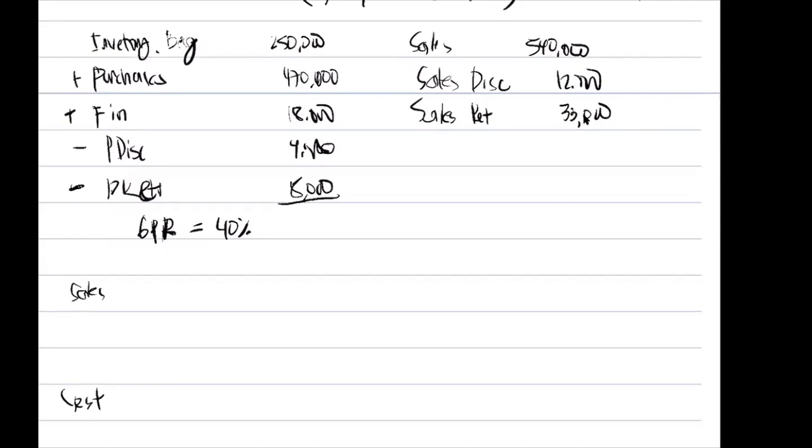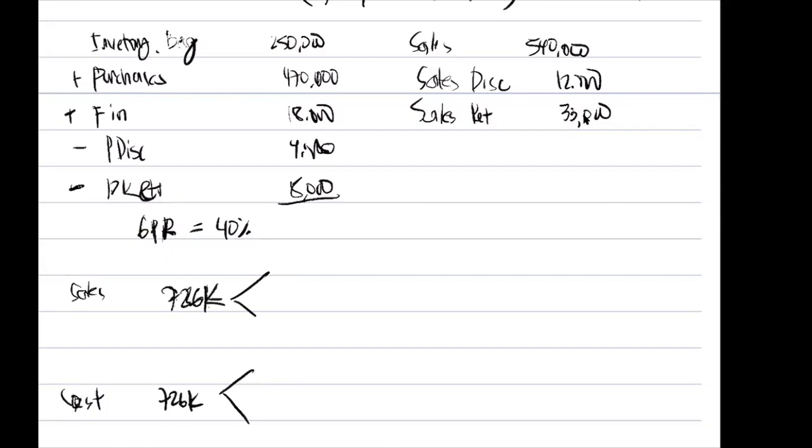So 250 plus 470 plus 18 less 4 less 8 will give us 726,000. So 726,000 ang ating total amount of our cost of goods available for sale, based on cost and based on sales.